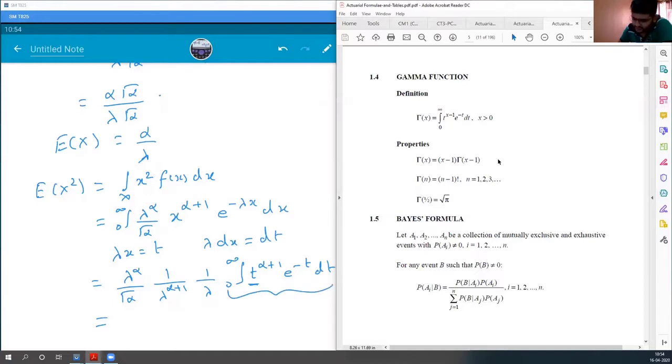This again, alpha plus 1 is equal to x minus 1 from this gamma function formula. So therefore our x must be equal to alpha plus 2. So we are going to get gamma of alpha plus 2 by lambda square gamma of alpha.